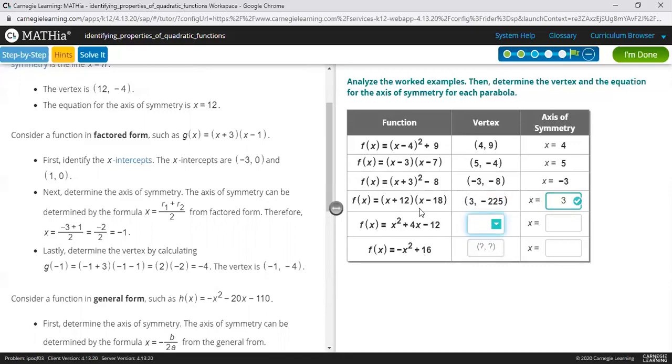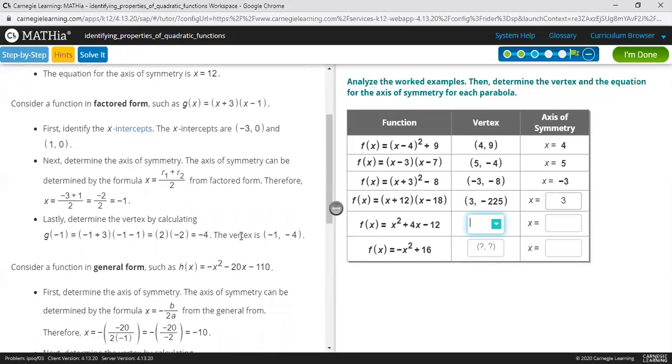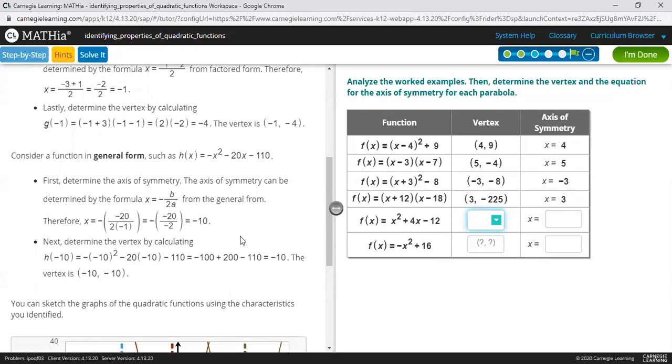All right, and so lastly, we have our general form or standard form. And the way that we find our vertex here is with this equation, x equals -b over 2a. And remember, b is going to be the coefficient of the x term, and a is the leading coefficient of the x squared term.